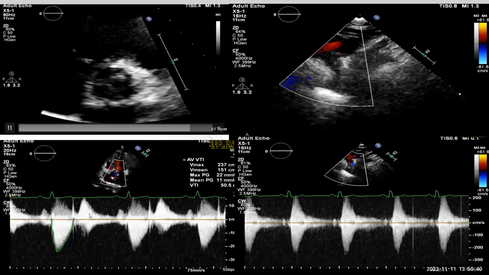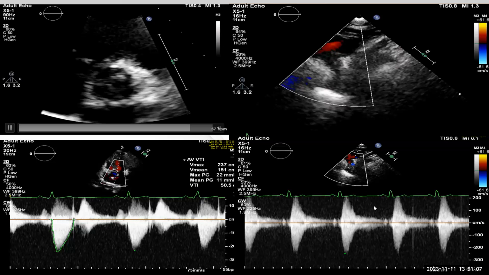This is the jet of aortic regurg, at the same flow as the aortic valve. This is the aortic flow jet, and this is the descending aorta, against the flow. So this is the aortic regurg jet. Here the density is dense, and even the pressure half time, or the deceleration time, is short. So this is suggestive of severe aortic regurg.